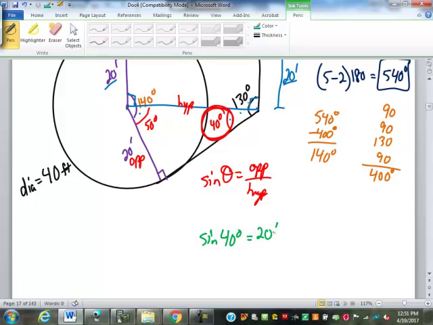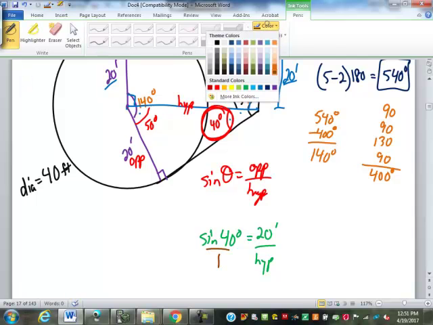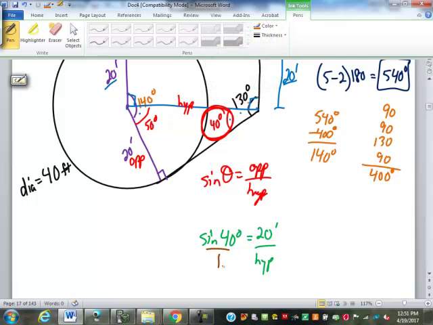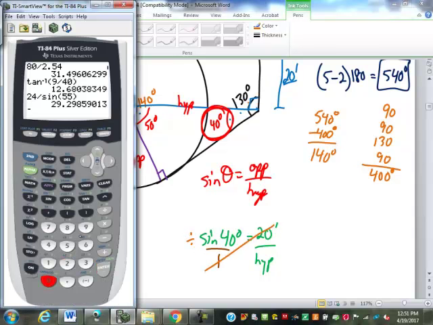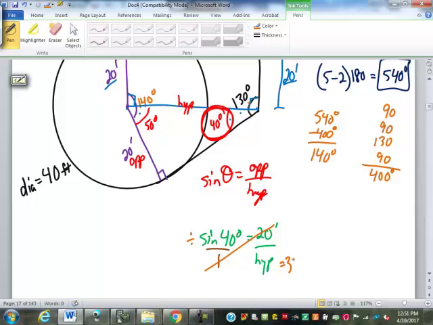Opposite side is 20 feet. We are looking for the hypotenuse. Put that over 1, and now we're going to cross multiply and divide. So 1 times 20 is 20, divided by the sine of 40. So that's 31.11 feet.